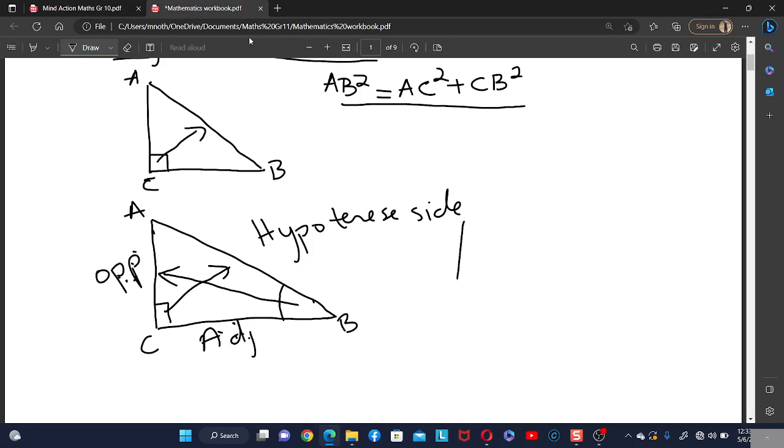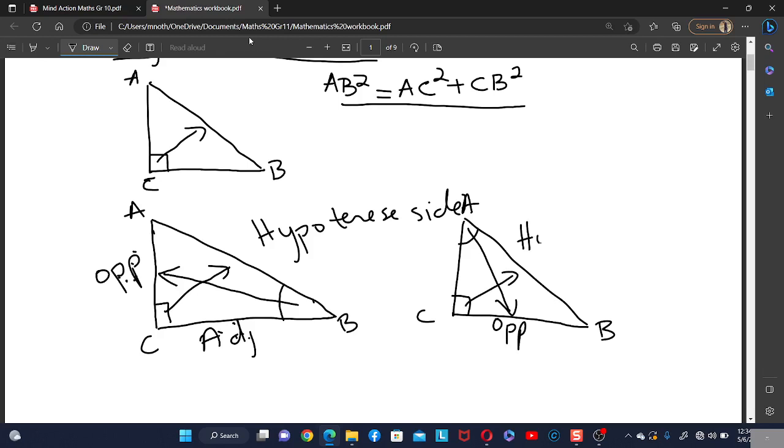But if we are talking about angle A, the side that is opposite to angle A is CB. So this is going to be the opposite side. The side opposite to 90 degrees is the hypotenuse side. Then this one is going to be the adjacent side.